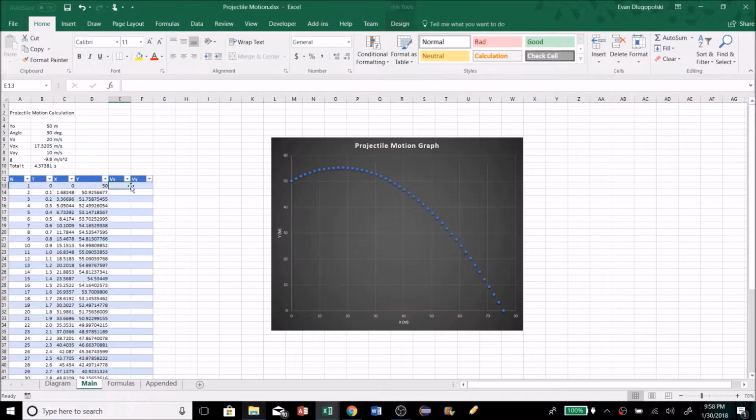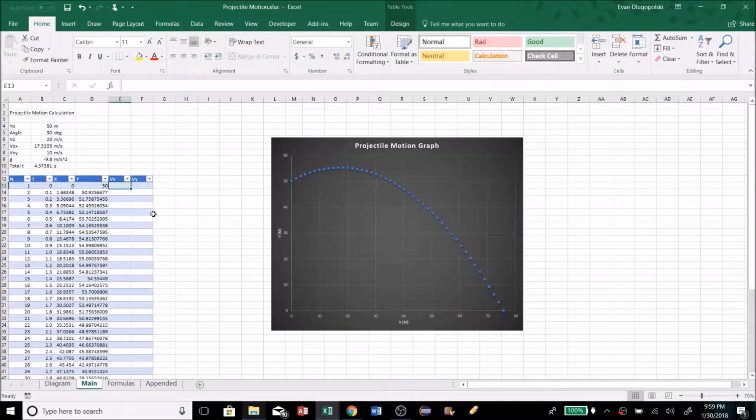So if you remember, we are solving this not considering air resistance. So the velocity in the x direction is going to be constant. It's not going to slow down over time. So the x component of this velocity vector at that 30-degree angle is never going to change.